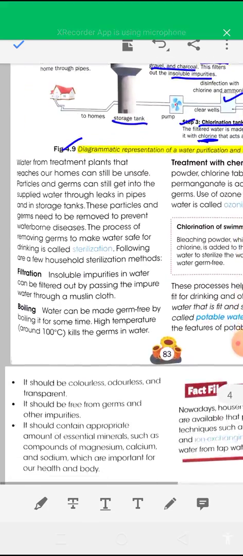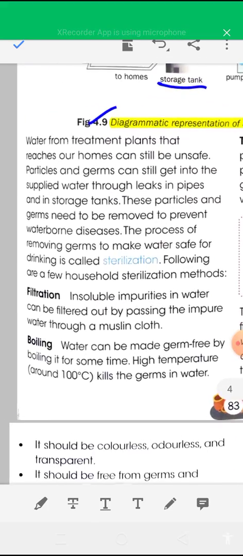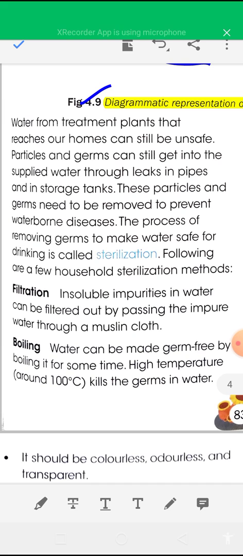Very complex process. There are many steps you have to follow. Water from the treatment plant that reaches our homes can still be unsafe. Particles and germs can still get into the supplied water through leaks in pipes and in storage tank.